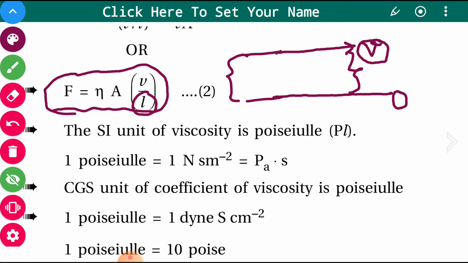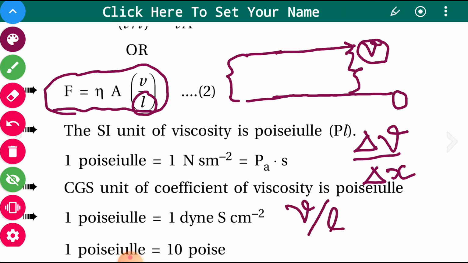Sometimes it is taken as delta V by delta x, and it is known as the velocity gradient. This V upon L is taken as the velocity gradient, that is, change in velocity per unit distance.